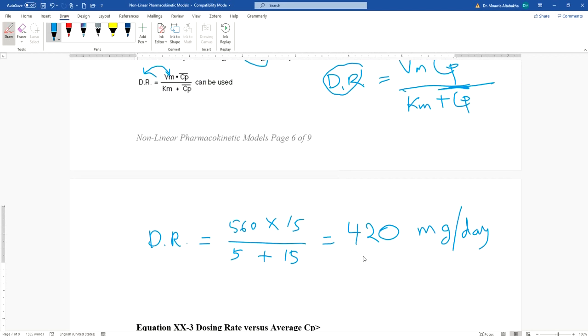So let's suppose you monitored the patient and you found out that his CP average is not as you expected, and you found it to be 20 milligram per liter instead of 15 milligram per liter.